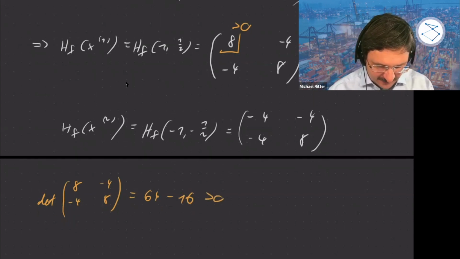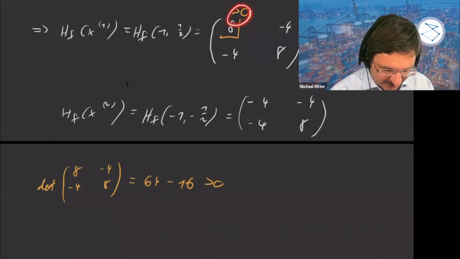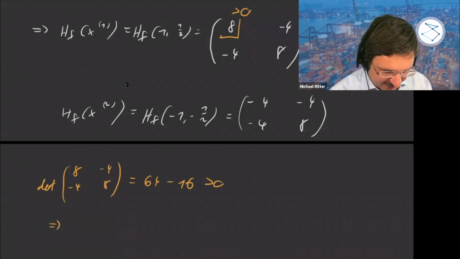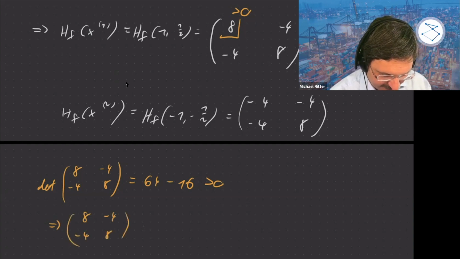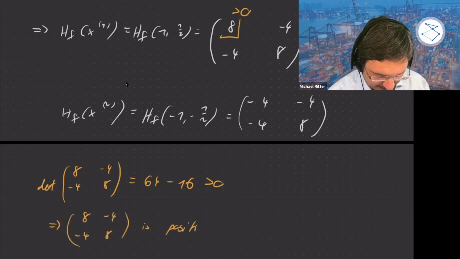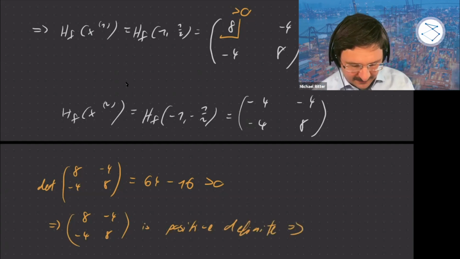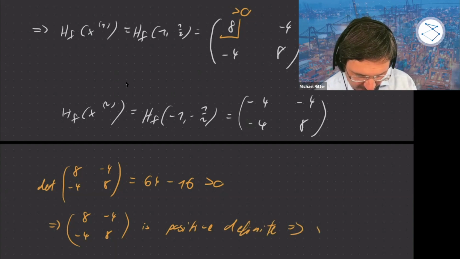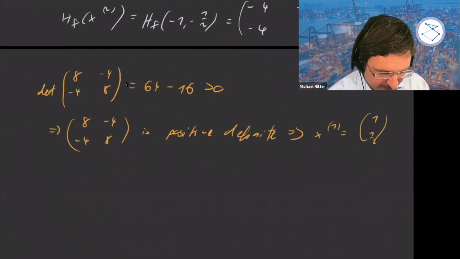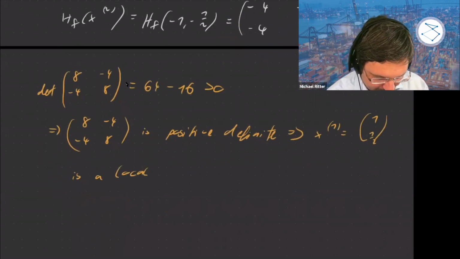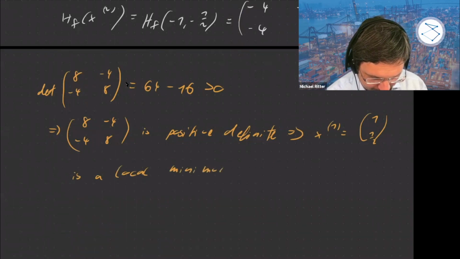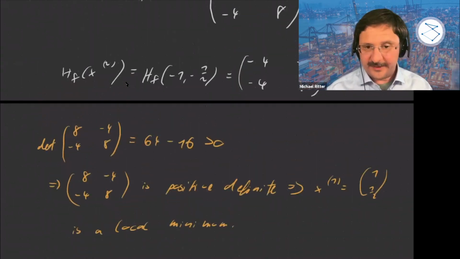And that means this matrix 8, minus 4, minus 4, 8 is positive definite. And thus the corresponding point, x1 equals 1 and 1/2, is a local minimum. So that settles the first.